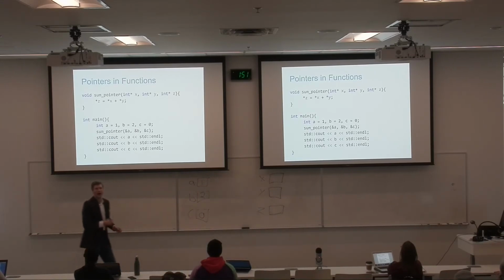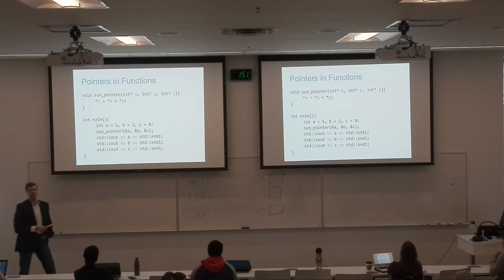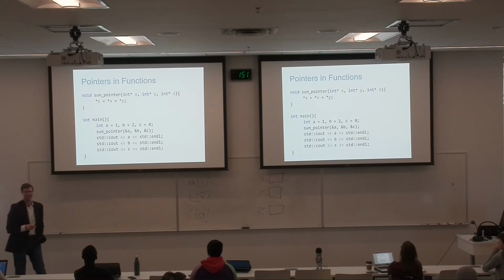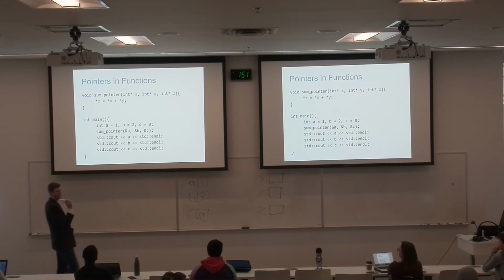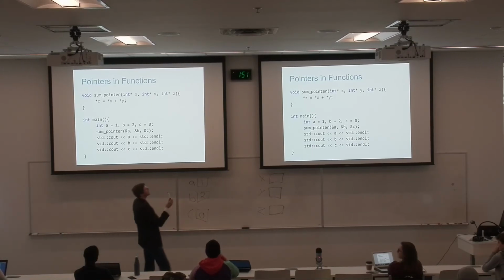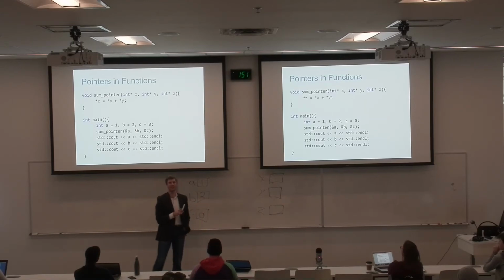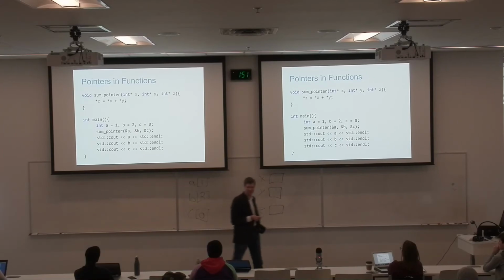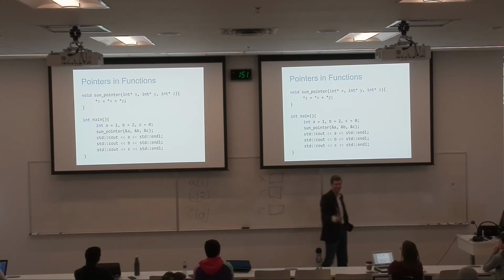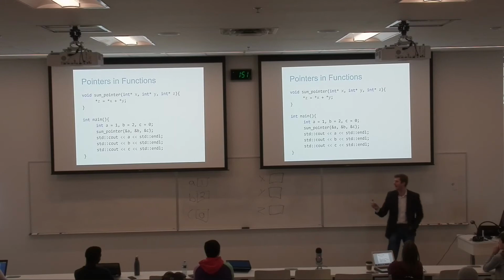Let me ask you, how many integer variables exist? Don't say 6. Let's try again. How many integer variables are going to exist? 3. How many integer pointer variables are there going to be? 3. Good.